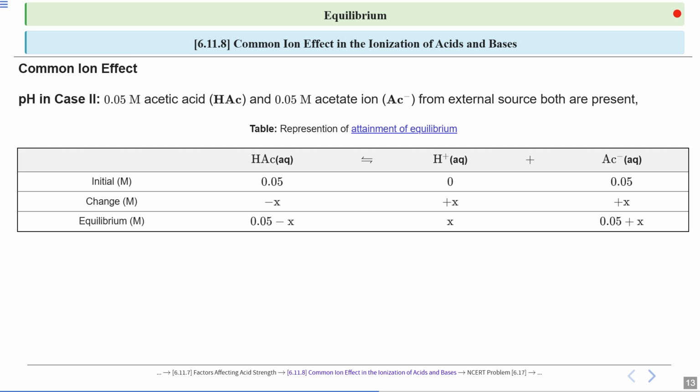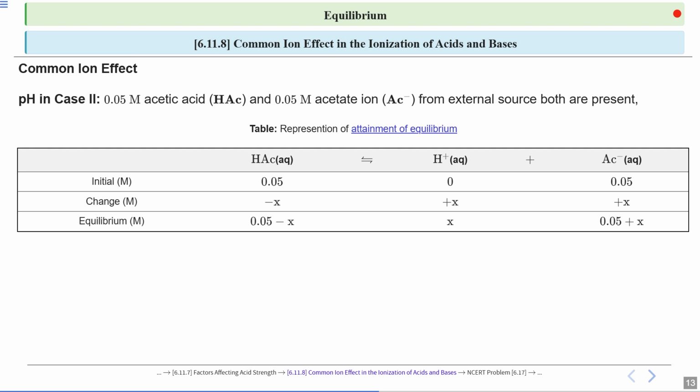After some time, the ionization will occur, and X amount of acetic acid will be dissociated to give us X amount of H plus and 0.05 plus X amount of Ac minus, because initially we already have this 0.05, so X will be added to it. Remember, students, this is coming from the equivalence, because one equivalent of HAc will give you one equivalent of H plus and one equivalent of Ac minus.